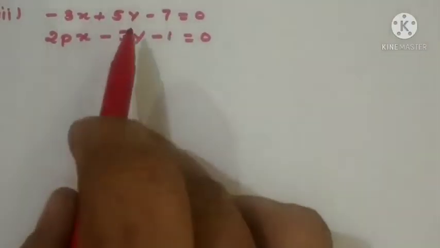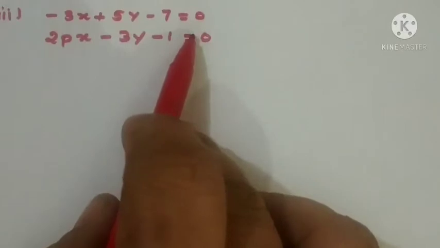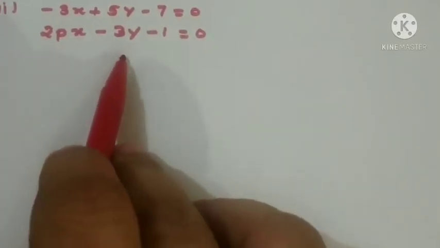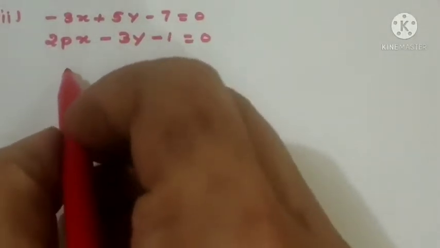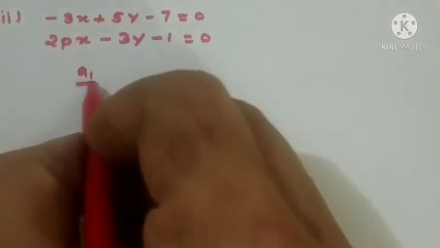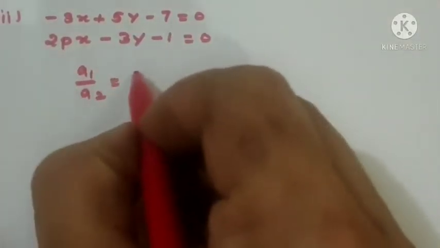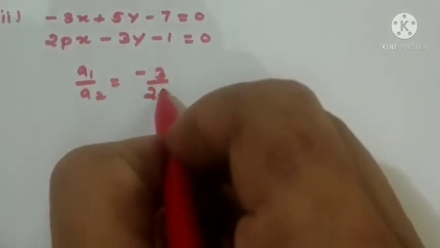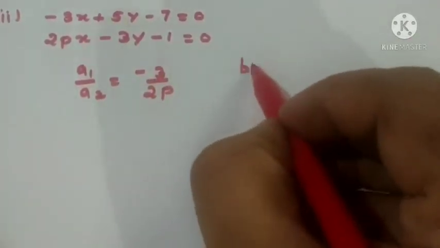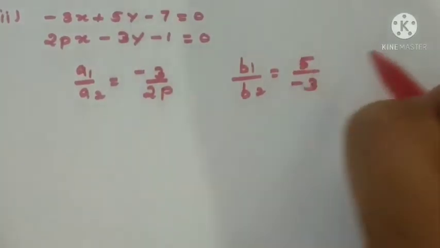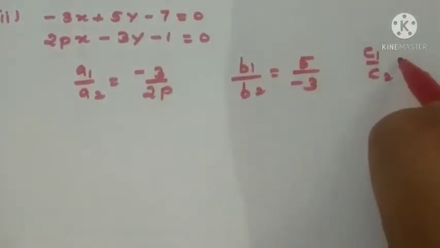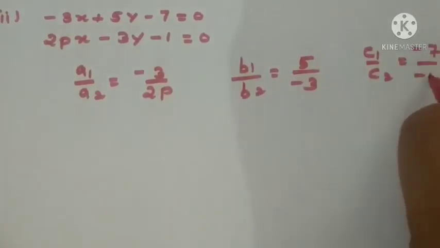Minus 3x plus 5y minus 7 equal to 0, 2px minus 3y minus 1 equal to 0 only. So as usual, what is the step? A1 by A2 should be calculated, that is minus 3 by 2p. B1 by B2 is equal to 5 by minus 3. C1 by C2 equal to minus 7 by minus 1, or we can say 7 by 1 only.